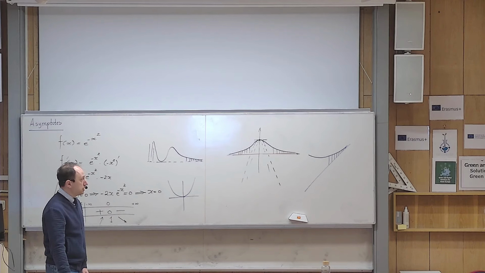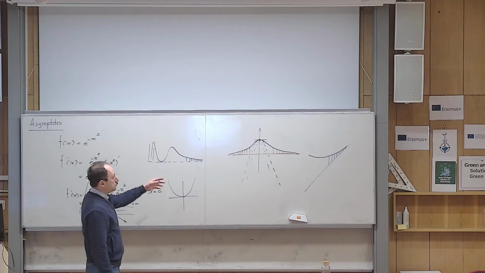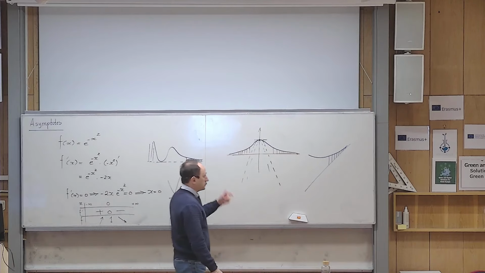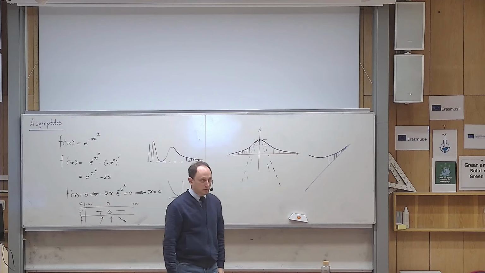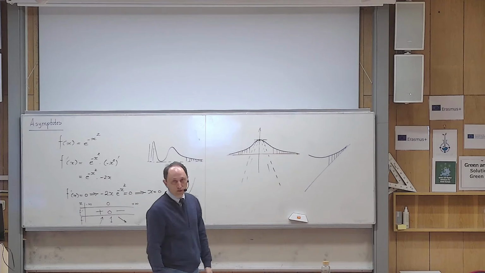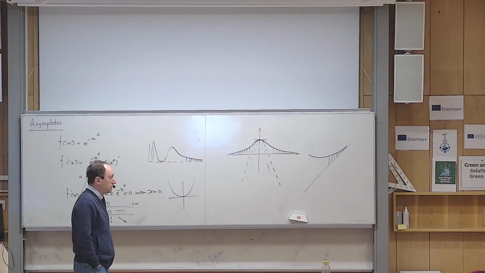But conceptually, I want you to understand, we categorize the asymptotes into three categories: horizontal, vertical, and oblique, not because the concept is different. Because in the coordinate system, we have three types of lines: horizontal, vertical, and oblique, and the equations of them are different.